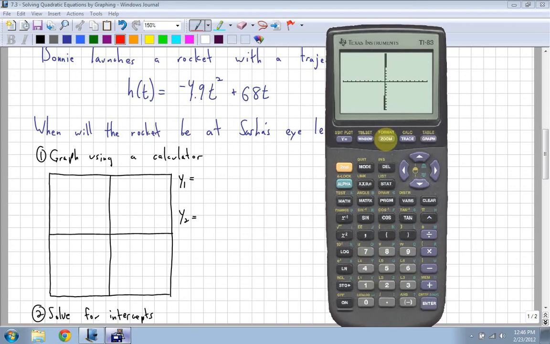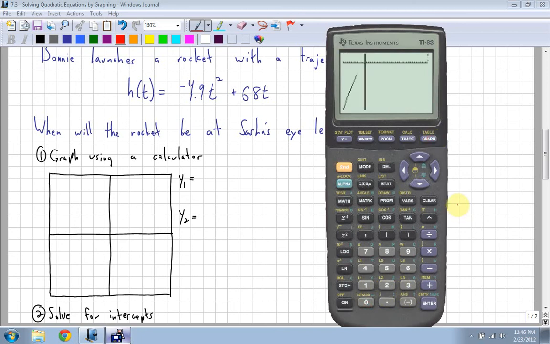Okay, this might be a good idea to go zoom and go down to zoom fit, 0. Okay, getting there. It doesn't quite go over far enough, so I'm going to have to change my window on my X to go to, say, 30.